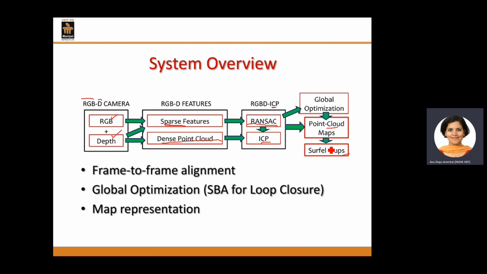And for rigid registration, in order to simplify the equation for finding the error or the distance, we make use of the concept called quaternions, okay, which helps with simplifying the minimization function used. And we also looked at the system overview of Kinect. So by this, we end all the topics for the MGCV course.